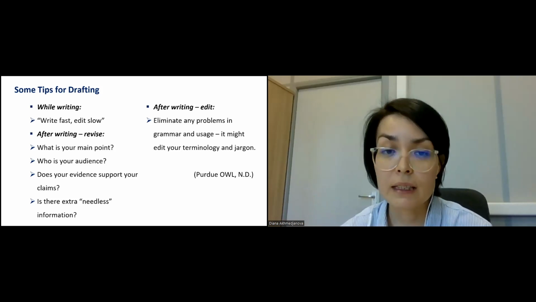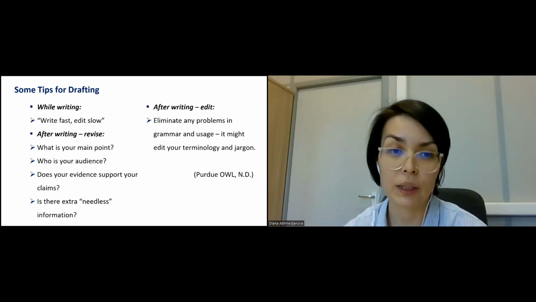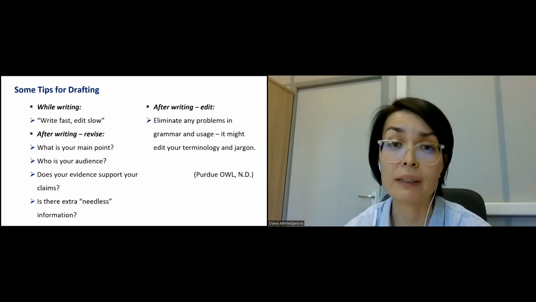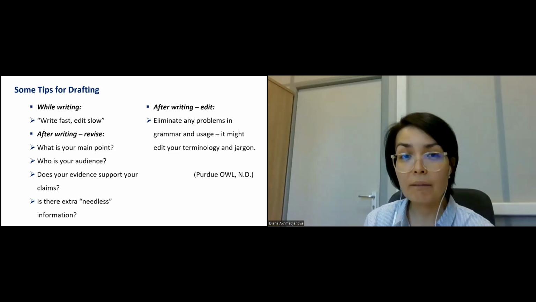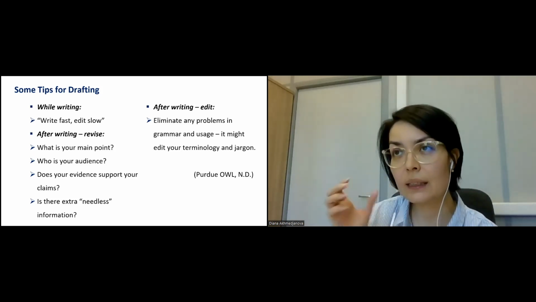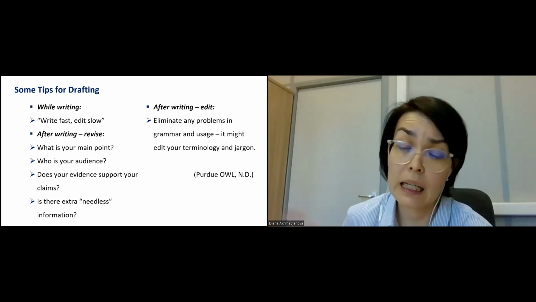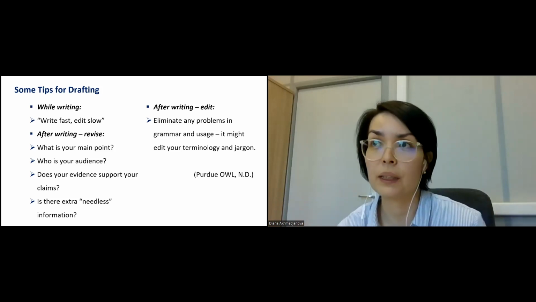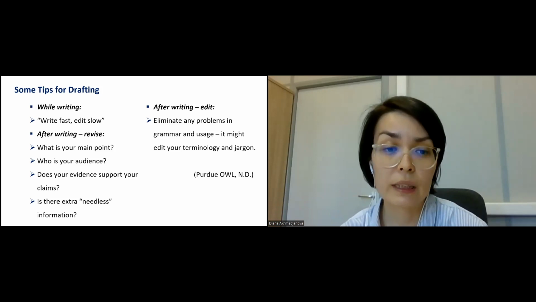Again, does the evidence support your claims? This is especially true when you use tools. Does the evidence that the tool uses actually support your claims? And is this evidence credible, right? You want to make sure that it's not some common knowledge or observation, that it's actually research-based, because here we care a lot about our evidence-based approach, let's say.